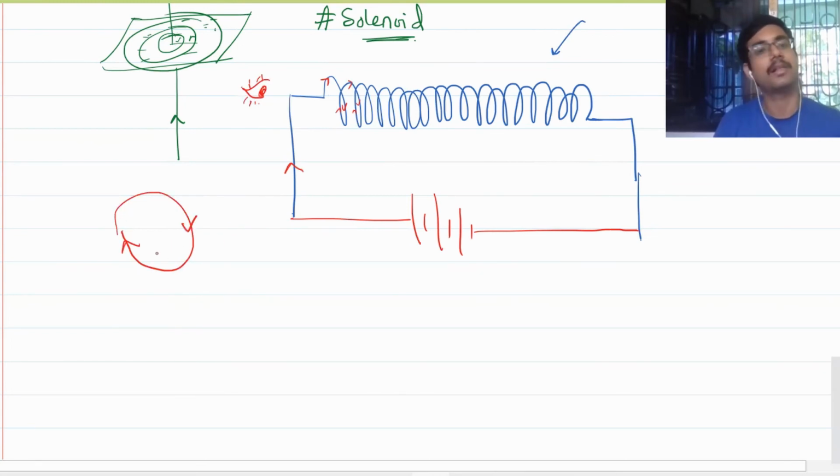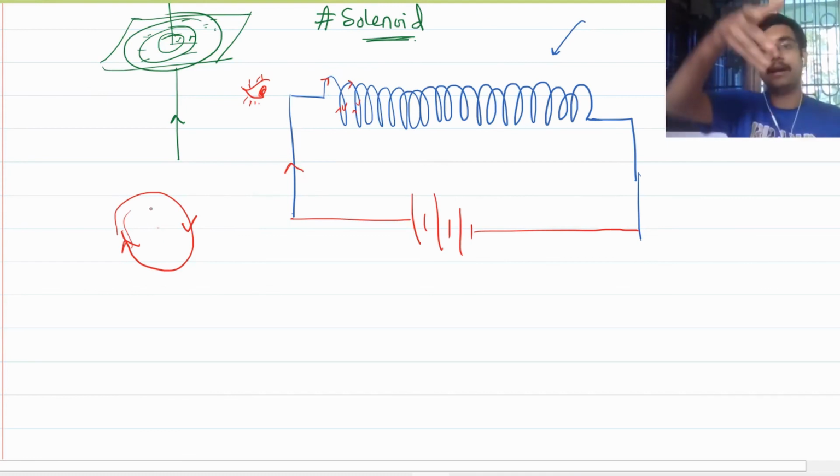Can you tell me the direction of the magnetic field that will be produced because of this loop? If the current is going straight, the magnetic field is circular. Now, if the current is circular in nature, the magnetic field will be a straight line. And how is that? Is it into the paper or outside the paper? Into the paper, inside the paper.